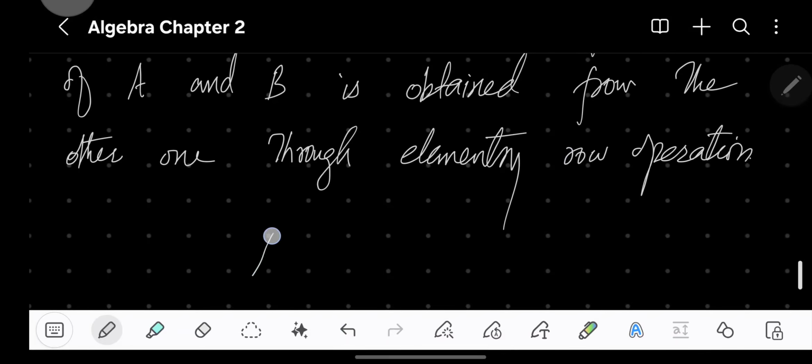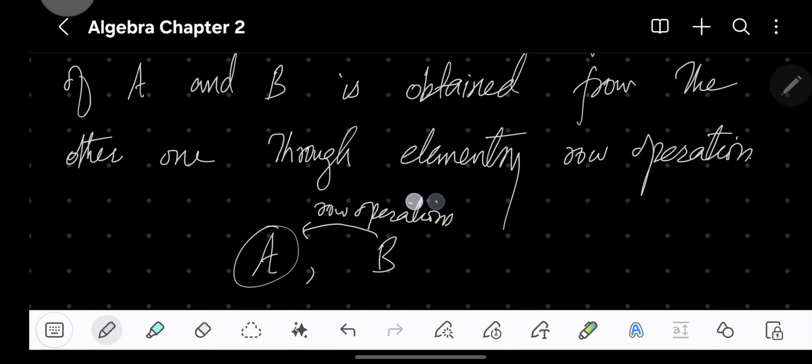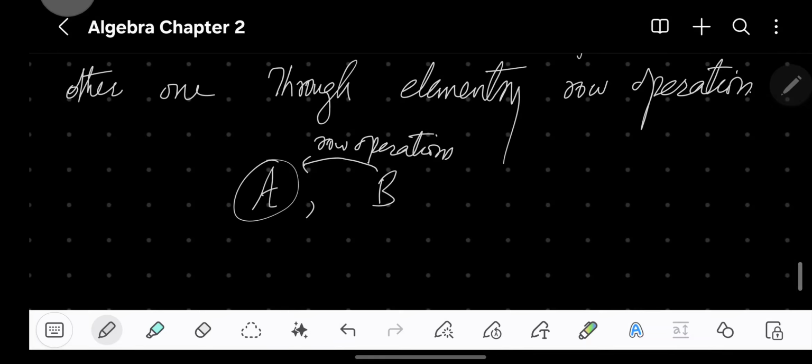What does that mean? You have two matrices, the one is A, the other is B. If A is obtained from B after applying row operations, then we say that A is equivalent to B. And it is very obvious that if A is equivalent to B, then B must be equivalent to A, because if A is obtained from the row operations applied on B, then B can also be obtained from A after the application of the inverse row operations.